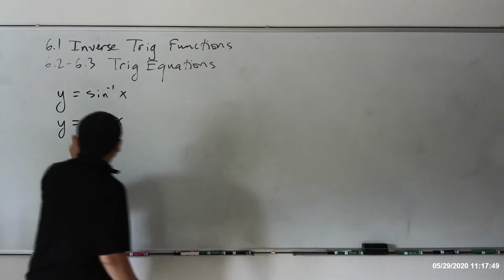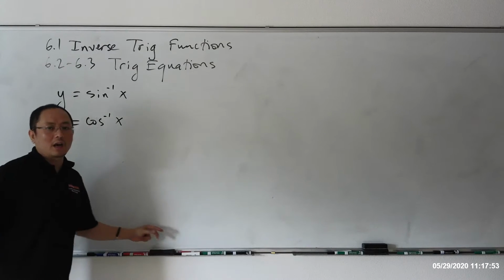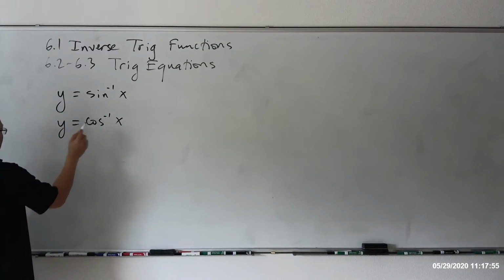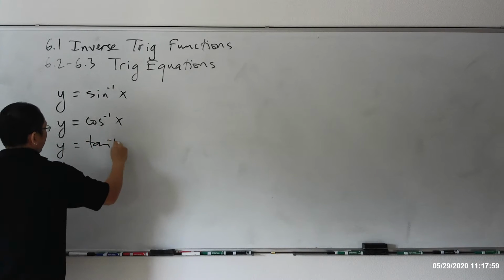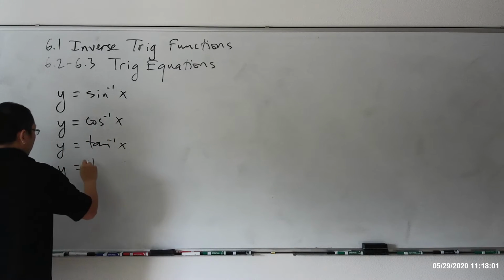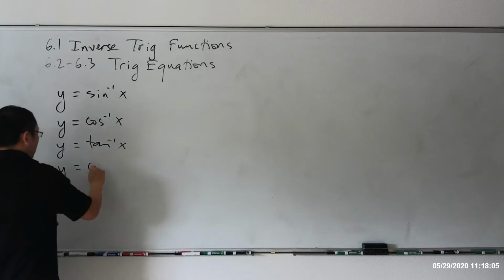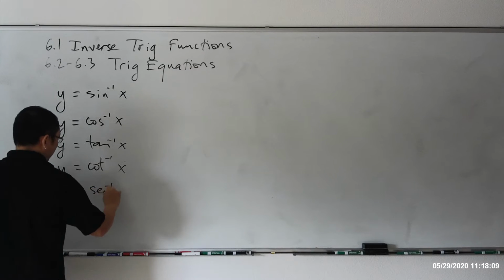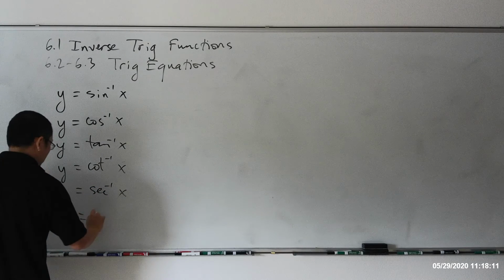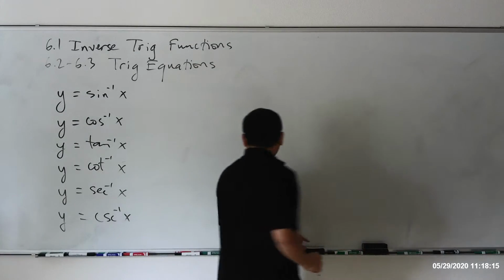Sometimes our book uses this notation, other times they use arcsine and arccosine. I claim it's the same, and I'll just stick with this for now. Y equal to tangent inverse of x, y equal to cotangent inverse of x, y equal to secant inverse of x, and y equal to cosecant inverse of x. Those are your inverse trig functions.